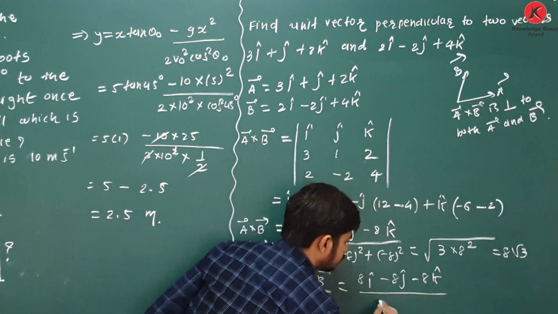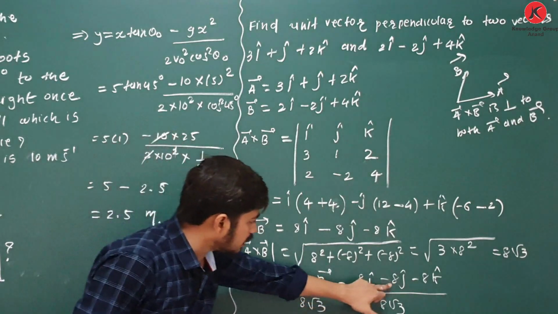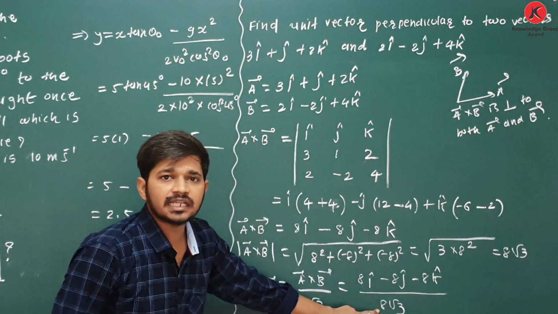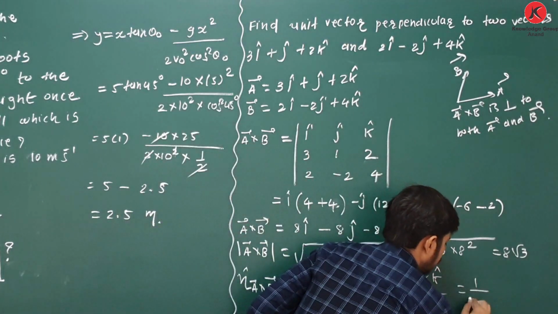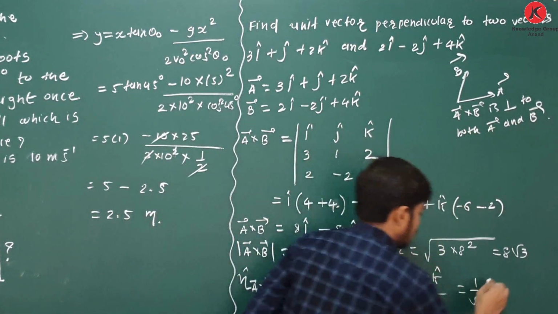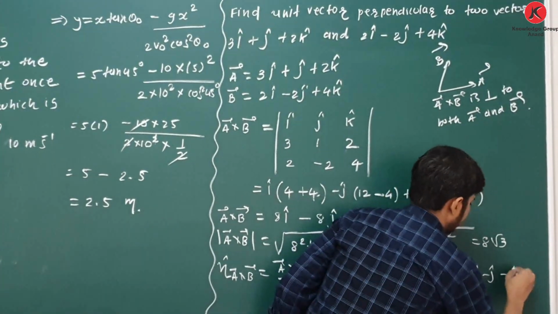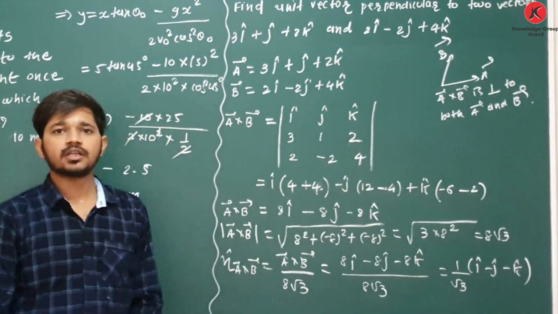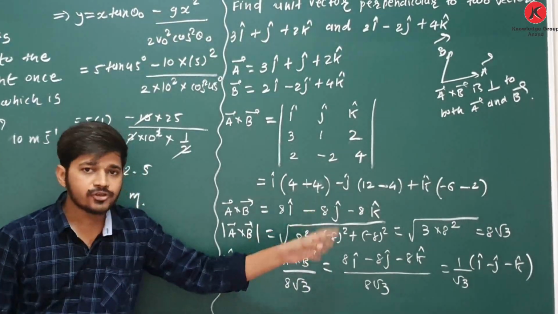If you take this 8 common, then it will cancel out with the denominator. Then your answer is 1 upon root 3 times i caret minus j caret minus k caret. Clear about this? So that is how to find a unit vector.